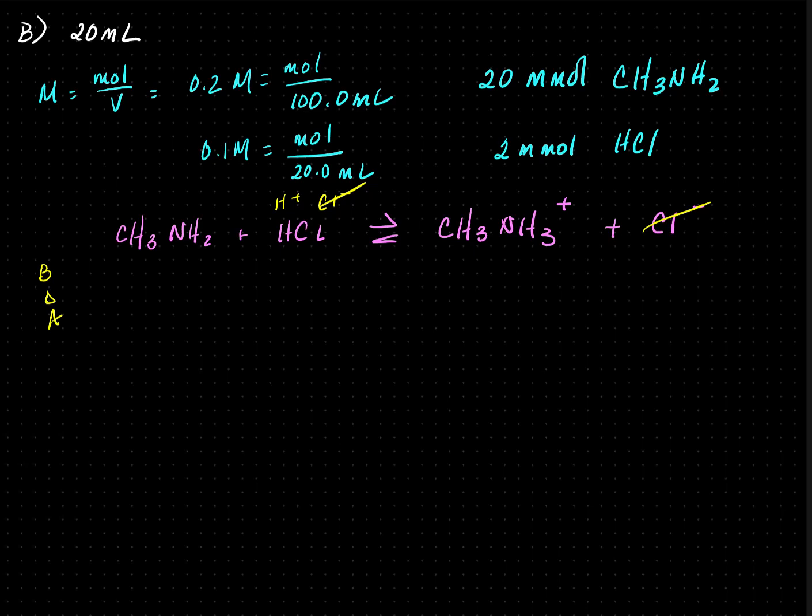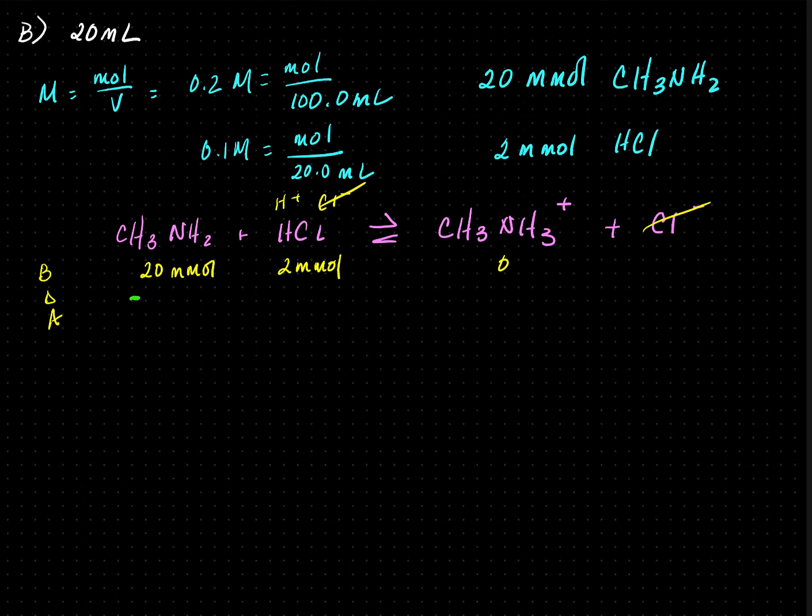The amount of the weak base is 20 millimoles. The HCl, we have 2 millimoles. And then the conjugate acid, we have nothing. So if I look at this, my limiting reagent is my HCl. I need to subtract the millimoles of HCl on the left side and add on the right side.